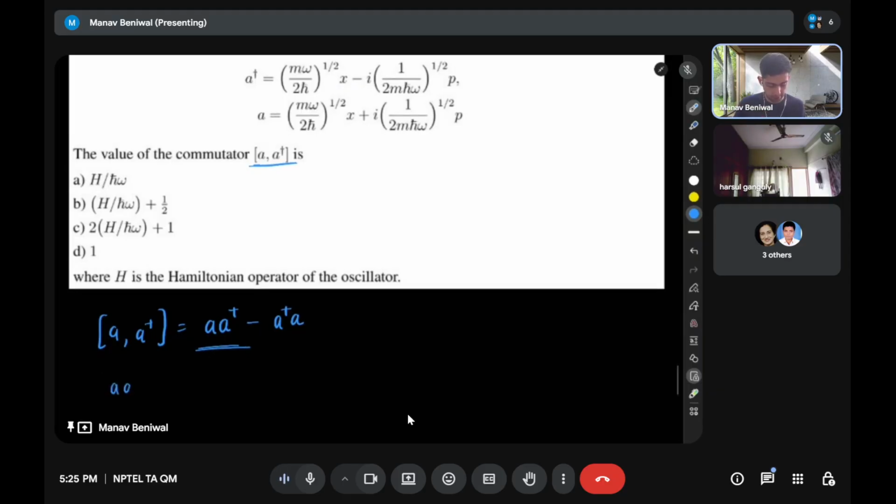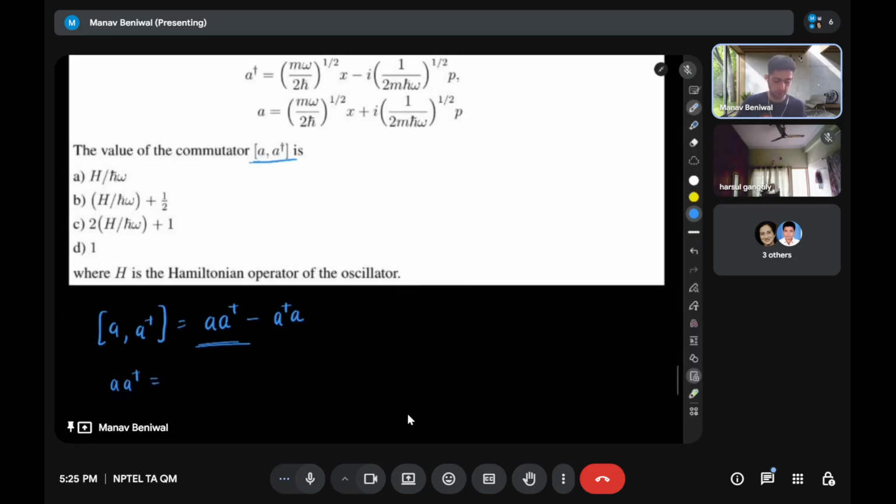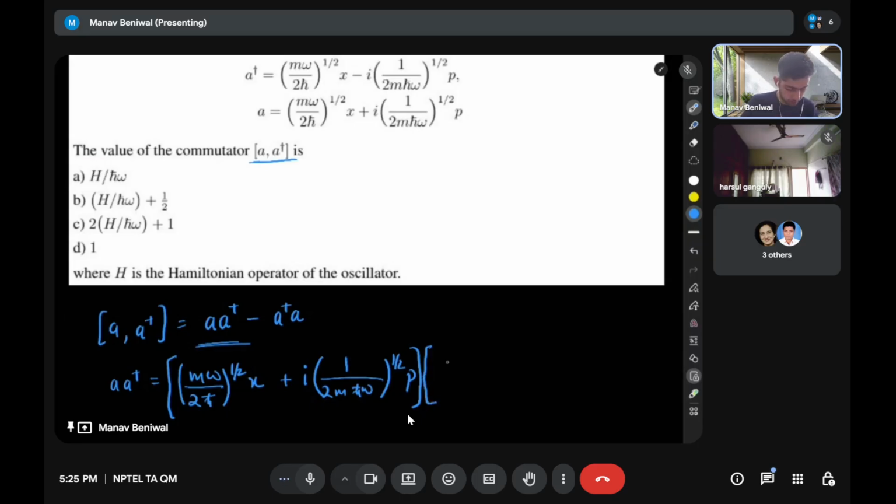So a times a dagger will become the square root of m omega by 2 h cut times (x plus iota p), multiplied by a dagger, which is essentially the same thing, the square root of m omega by 2 h cut times (x, and now here I have a minus sign, iota p). So this is a times a dagger.